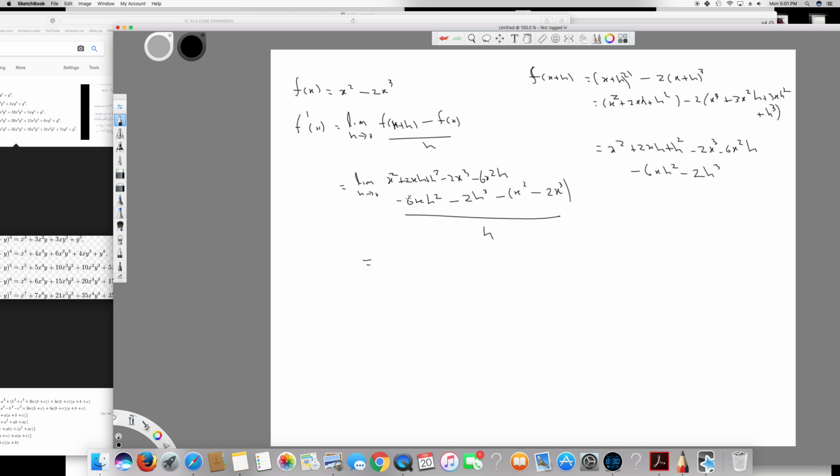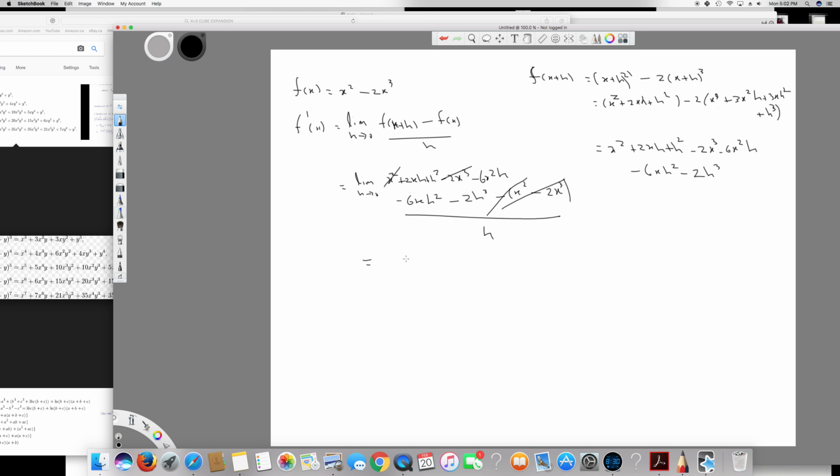So now I have to cancel what I can cancel. In this case, x squared cancels, and this will become plus 2x cubed. So plus 2x cubed and minus 2x cubed cancel. We have only these things left.